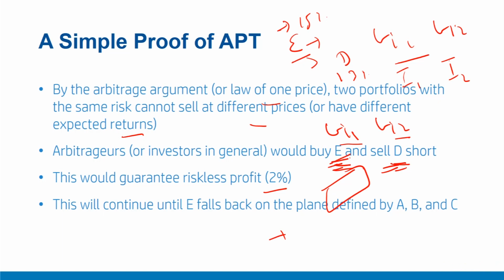For example, if E is away from the plane and D lies on the plane, then E will be driven toward this plane and will meet point D within a very short while. It will continue to fall until it reaches this plane, which is defined by points A, B and C. We have already identified a point, which is point D corresponding to point E, and E will fall on this point.